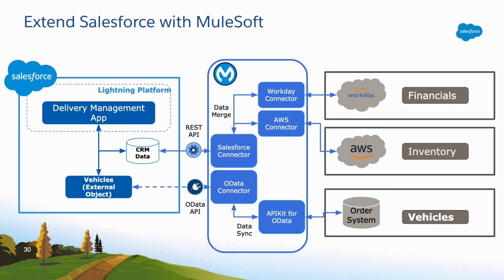We're using API Kit for OData to virtualize the data from, in this case, your back-end vehicle order system into MuleSoft. You're getting financial information and inventory information through AWS and Workday connectors, and all of those feed back into the CRM data. And you'll notice that all of those arrows are actually bidirectional, because MuleSoft can take the data from Salesforce and aggregate it back out as needed.